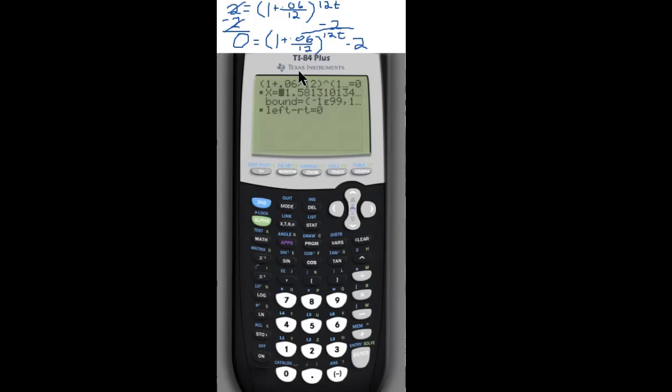But fortunately, we're dealing with an equation that is exponential, and we can see that this type of equation, which is actually based on compound interest, only has one solution. So we see here that our solution is 11.58 when rounded to the nearest hundredth. So we can actually keep that in mind.